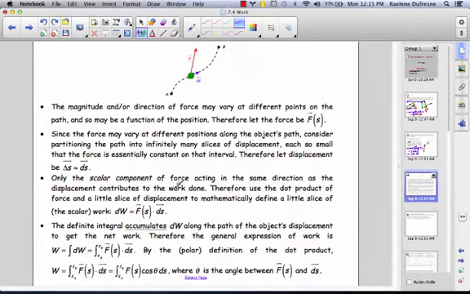Only the scalar component of force, remember vector component and scalar component from Calc 1, only the scalar component of force acting in the same direction as the displacement contributes to the work. So that's the idea that we can't have a force perpendicular to the displacement and contribute any work, like the normal force in the warm-up question.